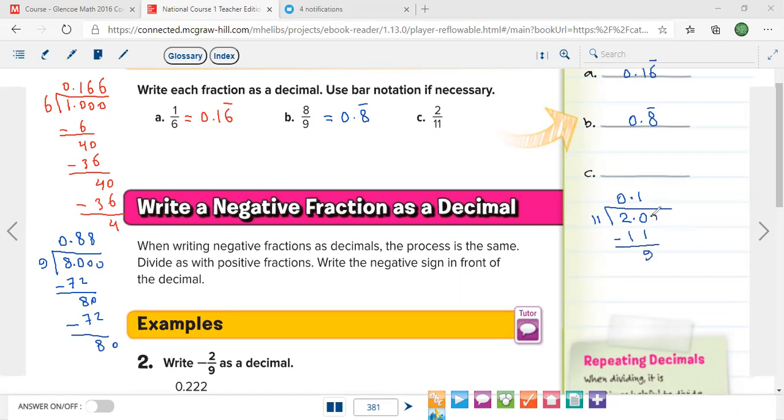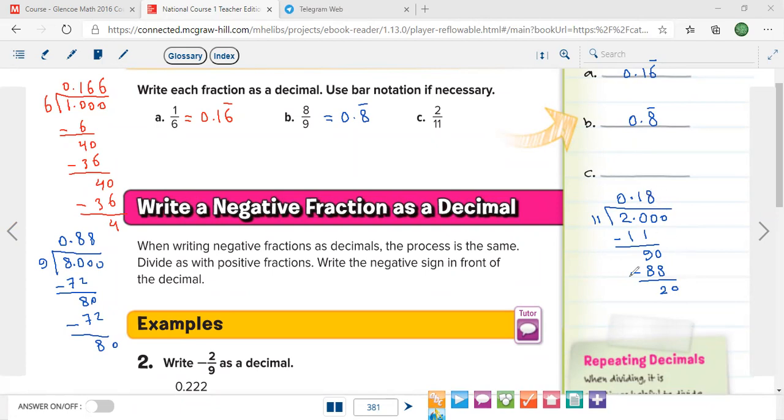So you can put another 0 and drop, 90 divided by 11. This will give you 8 because 8 by 11 is 88. And minus this will give you 2. So another 0 and drop, 20. So we are going to repeat the process because we started with 20 and 20 comes out again. So 0.18 will be repeated.